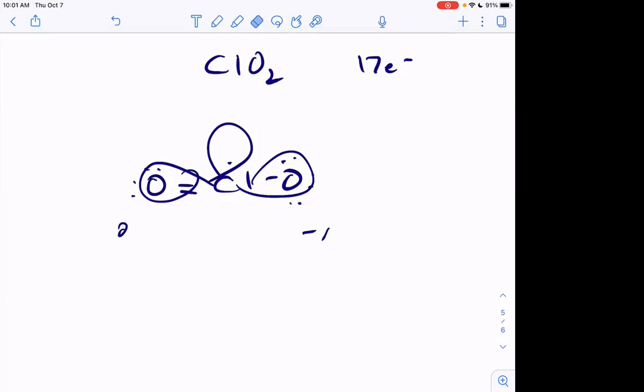That's fine. 17. This can't be right. What am I missing? The formal charge on chlorine is so high.